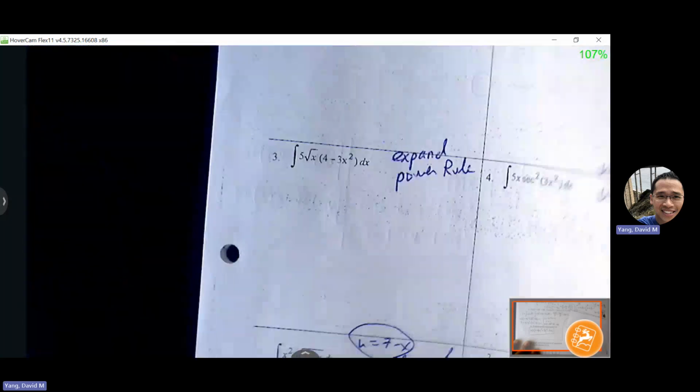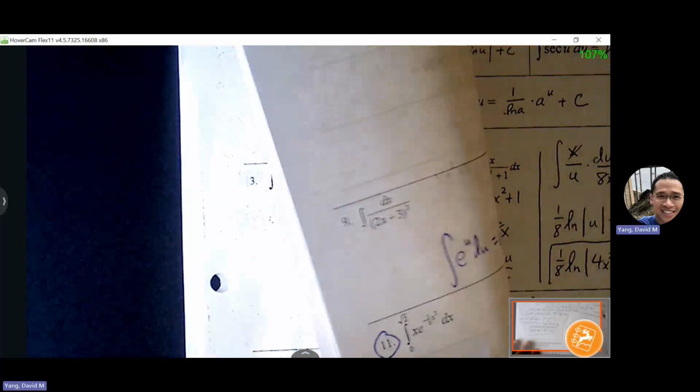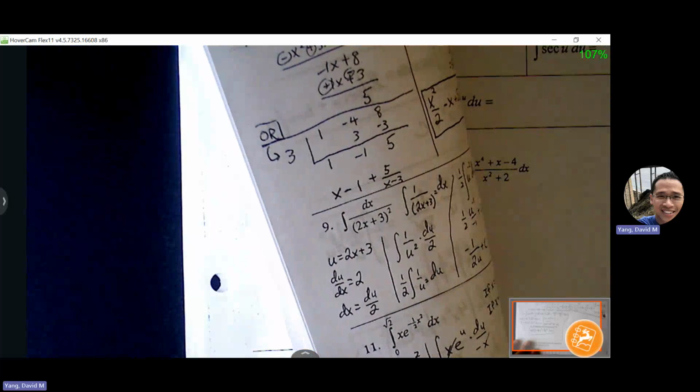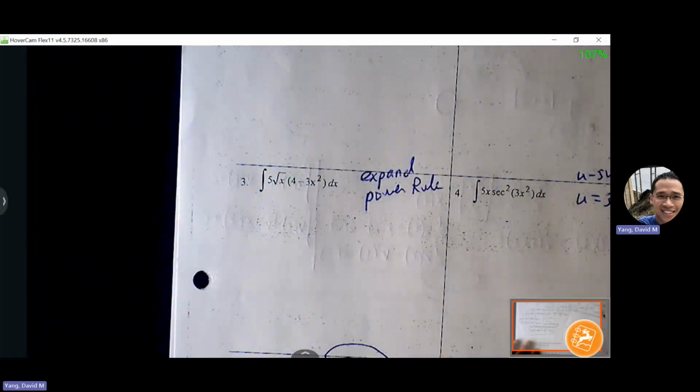I'll have him go over synthetic division, u-substitution involving exponential and natural log, as well as problems involving arc trig and completing the square. Okay, so some of the newer topics I'll have him go over.